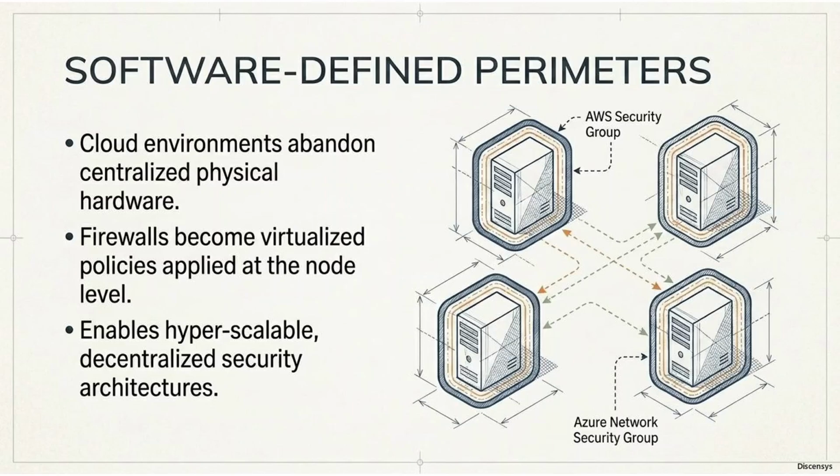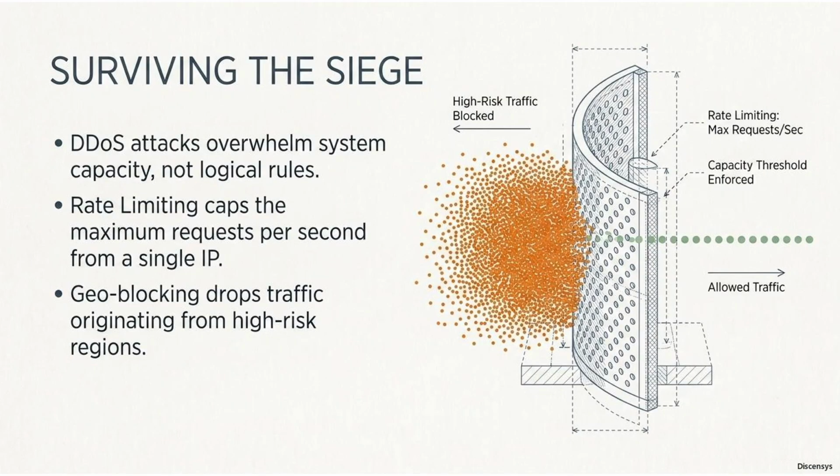Now, what if suddenly 50,000 fake visitors arrive and Raj cannot handle them? The building entrance gets blocked. Real customers cannot enter. And now DDoS becomes very much memorable. So you could see the headline, surviving the siege. And let's try to understand that.